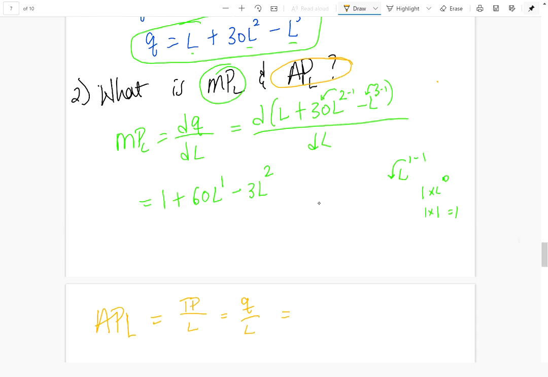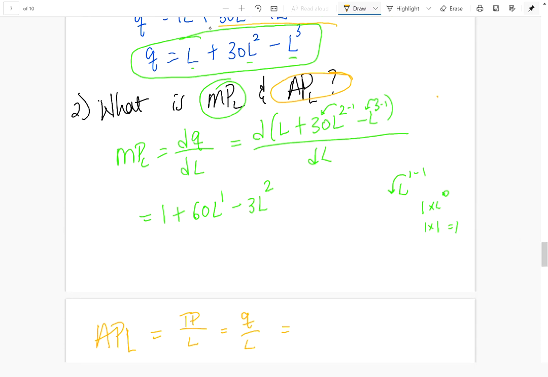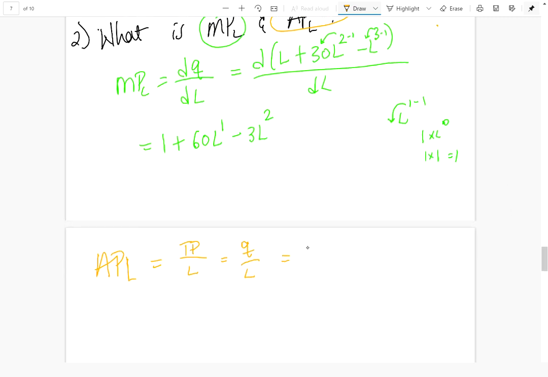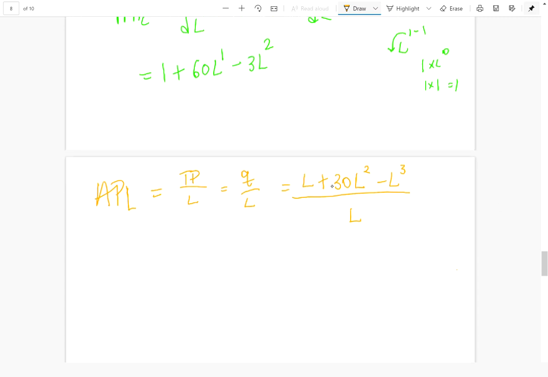Remember that this is our Q. We just found that first. So we have L plus 30L squared minus L to the third. I'm copying it from here. All of that divided by L. This is different from taking a derivative of this, but just doing a pure division.